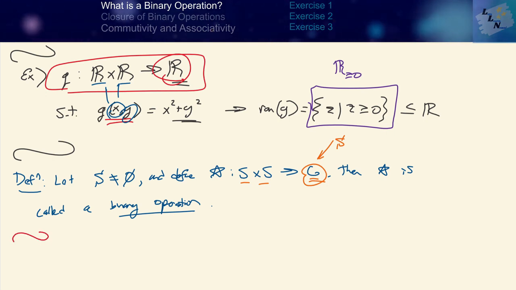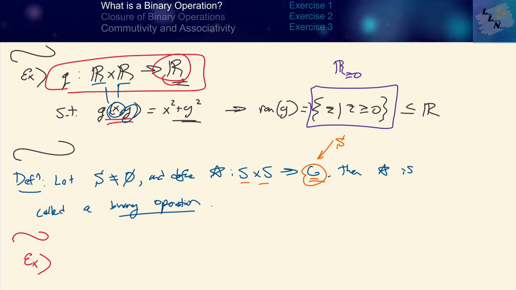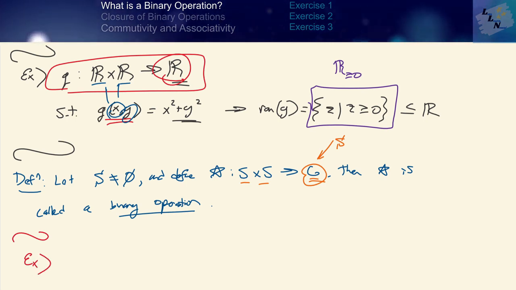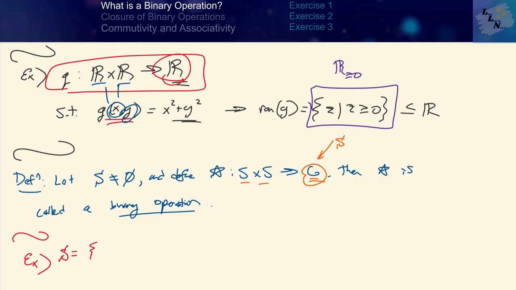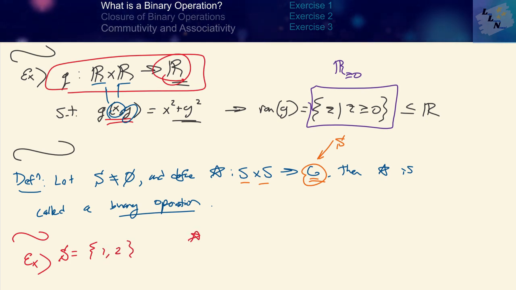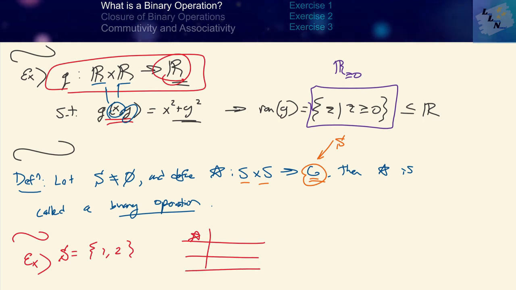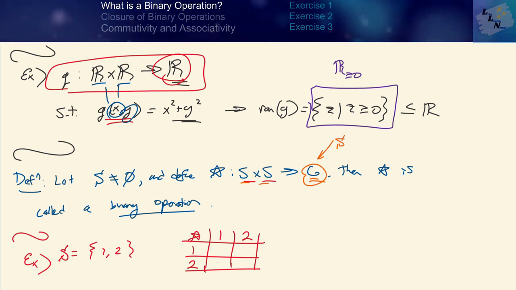All right, so let's look at a particular example, and let's define an operation. So let's define the set S to be the set of all numbers containing 1 and 2. Now let's define star via a table, because this is usually how we start learning, say, addition, subtraction, all those things in the past. So let this be 1, 2, and let this be 1, 2. So it's going to map S cross S into some elements.